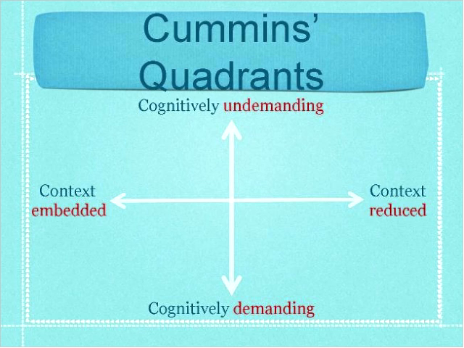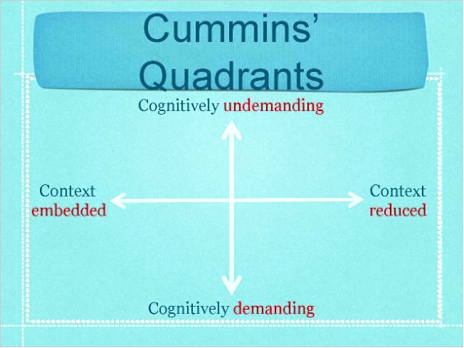For example, if we look in the top left-hand box, cognitively undemanding and context embedded, we might think of an example of going into a shop to buy a pizza or a cup of coffee, something that we can see the person we're interacting with, we can see the object that we're buying, and that it is cognitively undemanding.